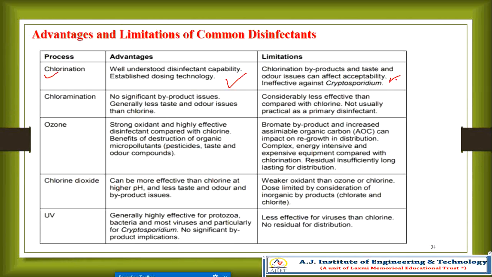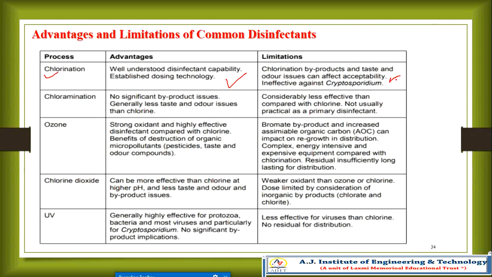You can say in your home, sometimes in the municipal water supply, chlorine smell will be there. So that is some limitation. But it is a well understood and well experienced disinfectant. Everyone has used it, and it can be used easily and well.